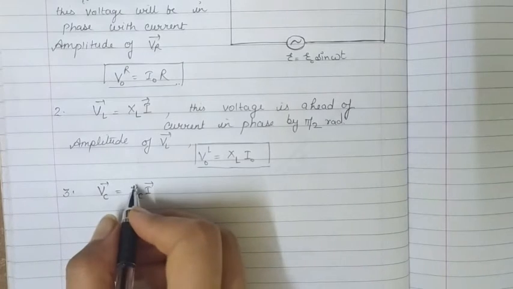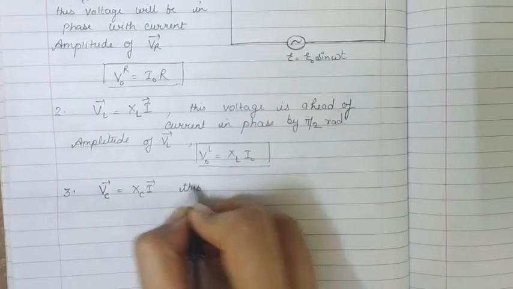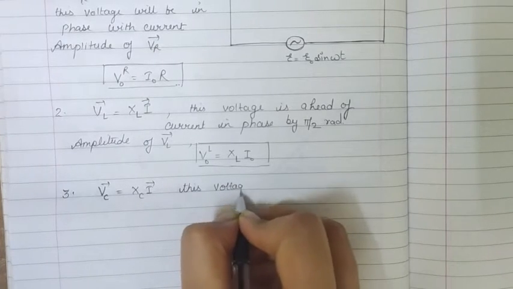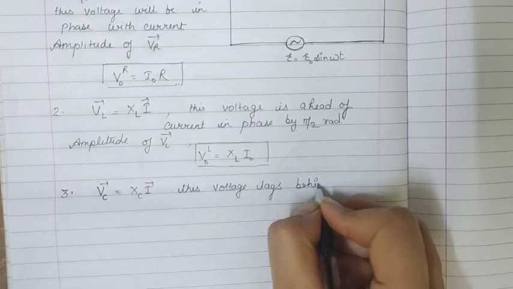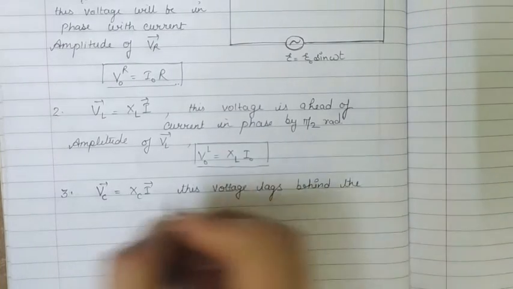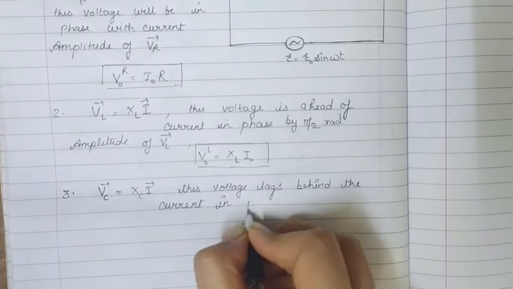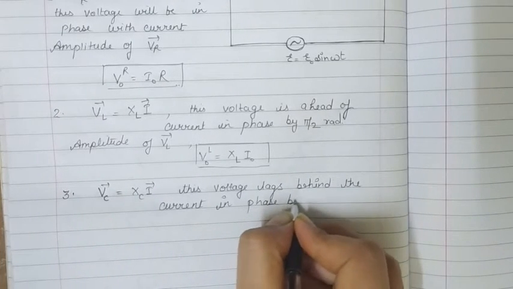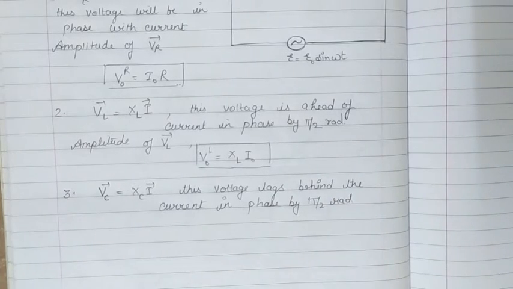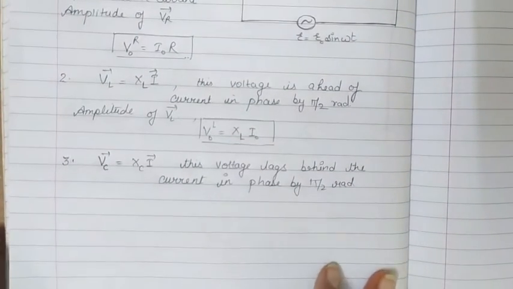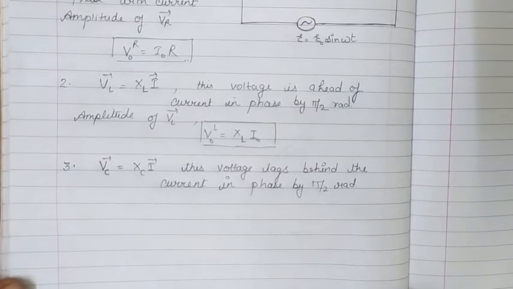This voltage lags behind the current in phase by pi by 2 radians. So for inductor voltage was leading by pi by 2, for capacitor voltage is lagging behind the current by phase pi by 2.